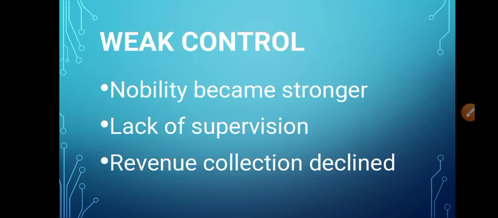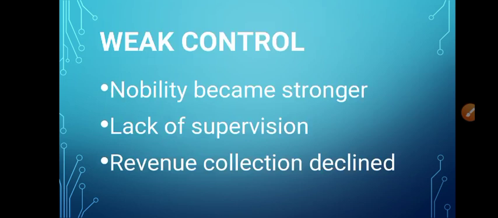Weak control. In the Mughal Empire in the later years, particularly after Aurangzeb, nobility became stronger, right? Nobility became so powerful that they used to manipulate even emperors. And Alamgir too was assassinated by his powerful courtiers, by the powerful nobility of that time.